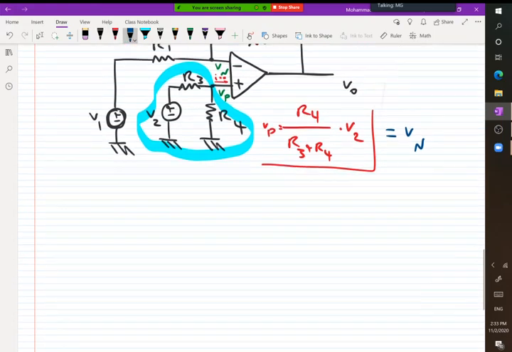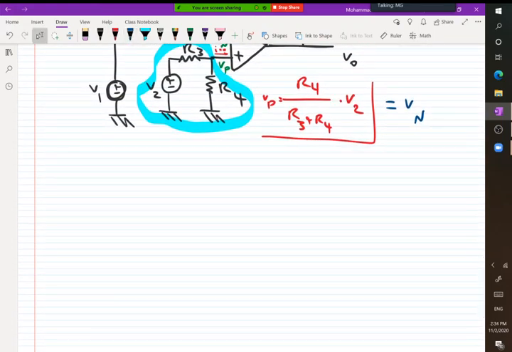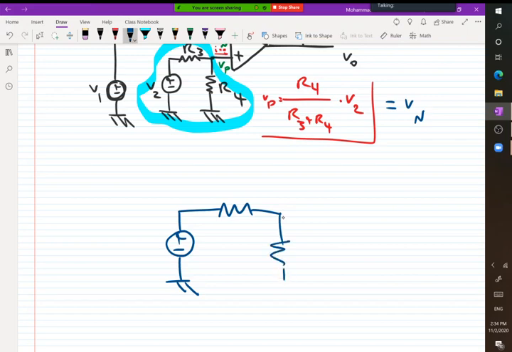Because a voltage division circuit is something like this. Let me just draw it in this way. This one is the circuit. We have R3 and R4.